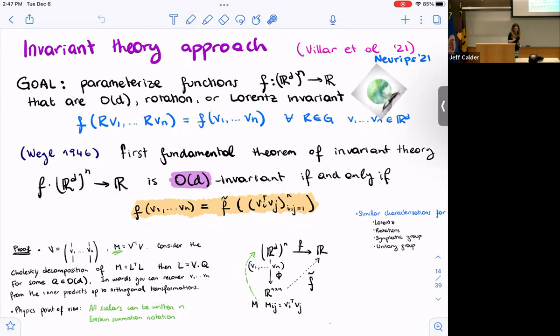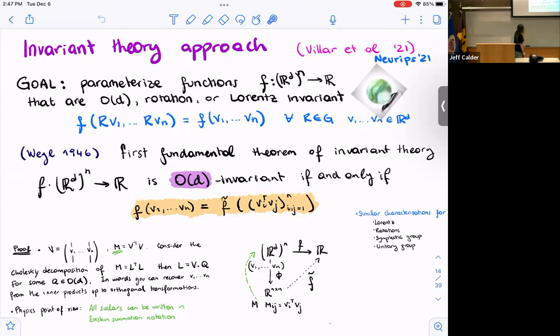These inner products are the generators of the algebra of invariant polynomials, and you can also use the fact that polynomials are universal to say that a function is invariant if and only if you can write it like that.